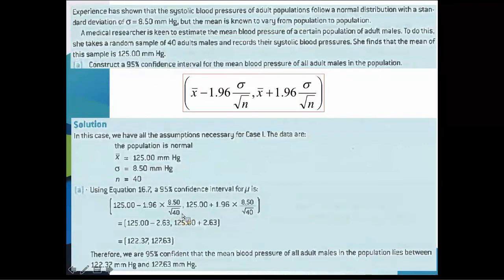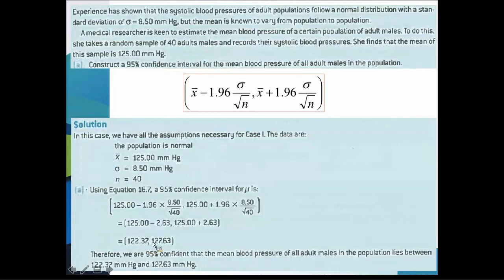So if I was doing this calculation, I would do root 40 first and store it in memory. And it's all multiplied, so this is fine. It doesn't really matter what order of operations. 1.96 times 8.5 divided by recall memory equals, store that back in memory, and then I can say the population mean upper limit would be sample mean plus recall memory, and sample mean minus recall memory, and I would have those two results.